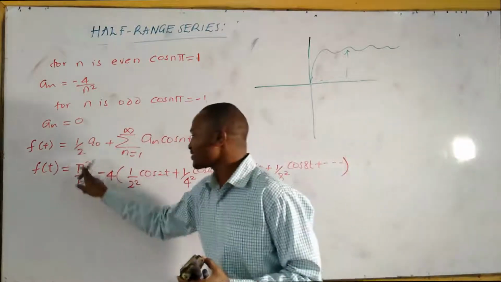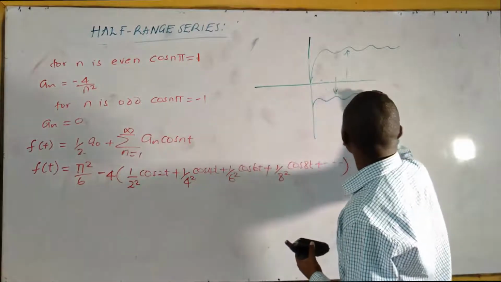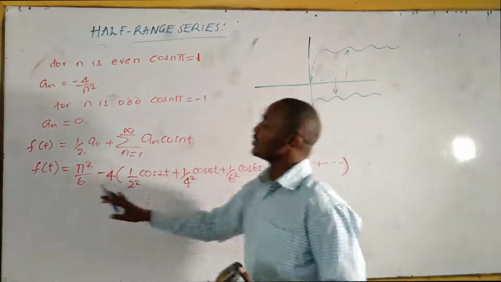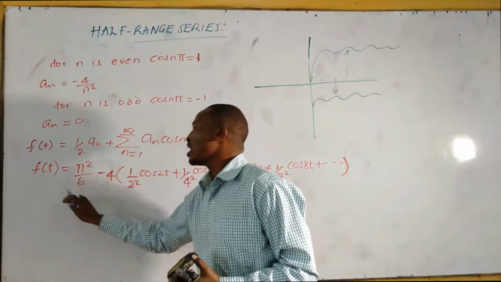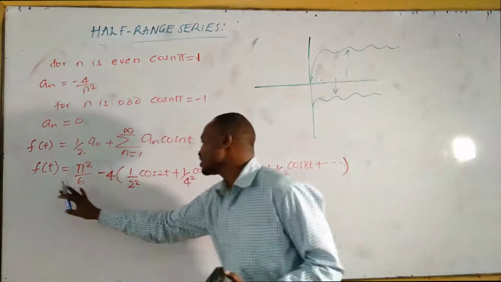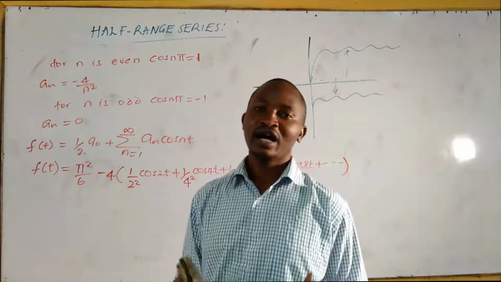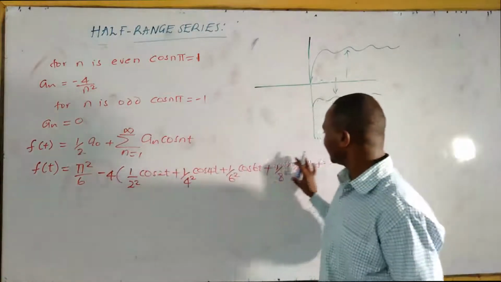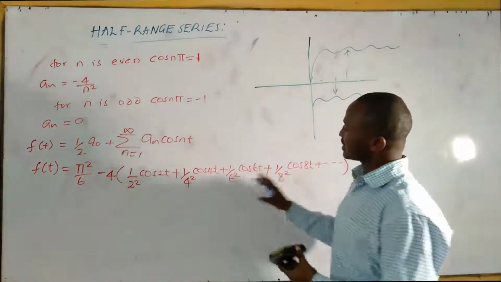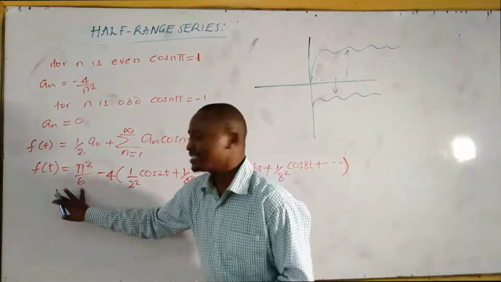If it was negative pi squared over 6, its effect would be to bring the waveform downward. You can think of a circuit with a positive DC component and a pulsating component or an AC signal. In this case, this part is changing, but the DC part is constant.